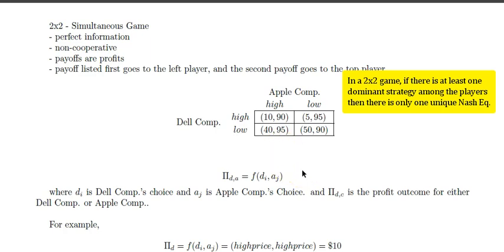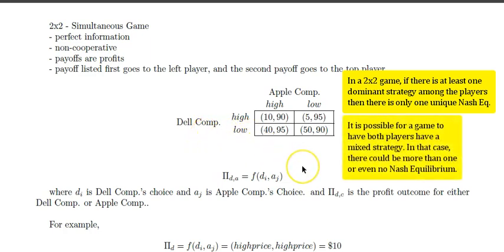In this particular scenario where we have one dominant strategy, Dell Computers picking low, and one mixed strategy, Apple picking high when Dell picks low, and picking low when Dell picks high, because Dell has a dominant strategy, the Nash equilibrium is still very easy to find. Apple will be able to play their best response because they know, in a sense, what Dell is going to pick.